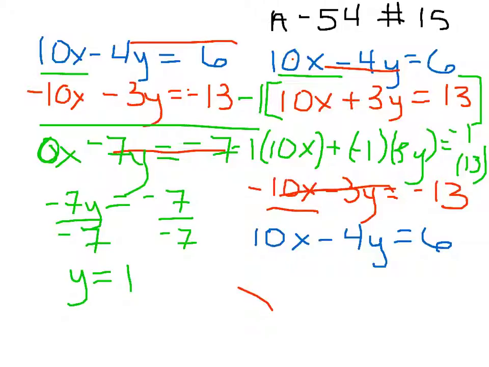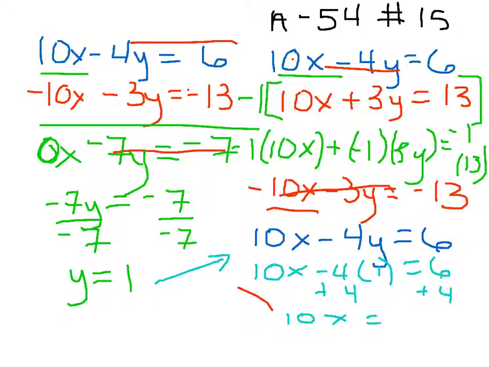Let's make our substitution in that pretty aqua blue: y is equal to 1, and that's going to give us 10x minus 4 times 1 is equal to 6. I'm going to add 4 to both sides of this equation. I get 10x is equal to 10. And lo and behold, x is also equal to 1. And I have, as my solution, the ordered pair 1, 1.